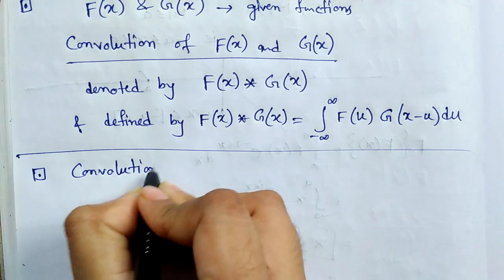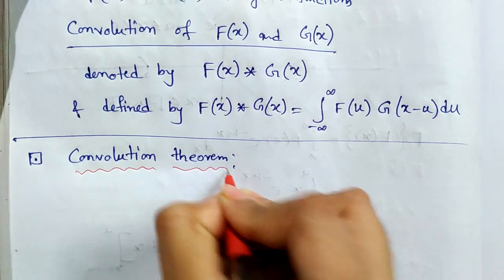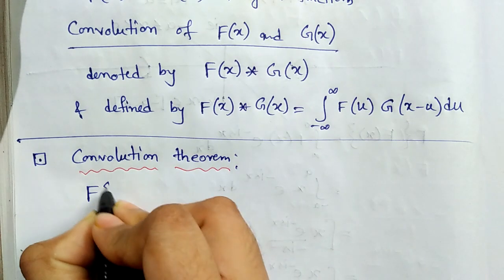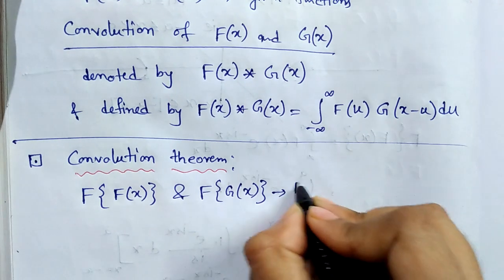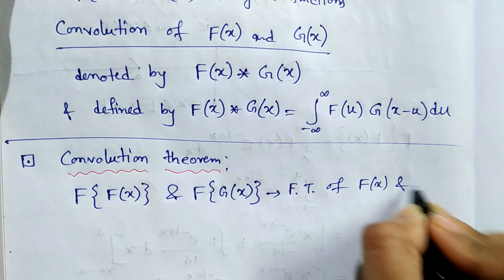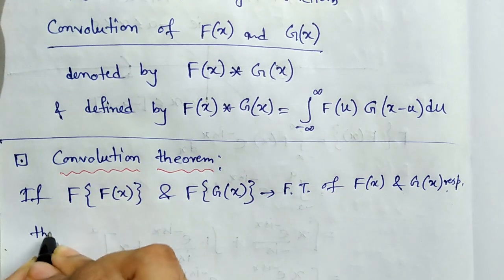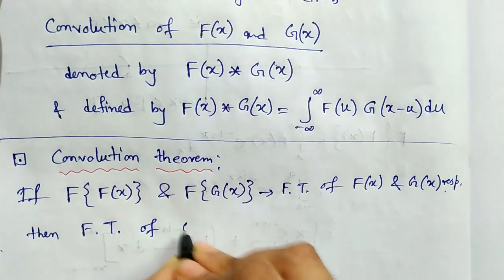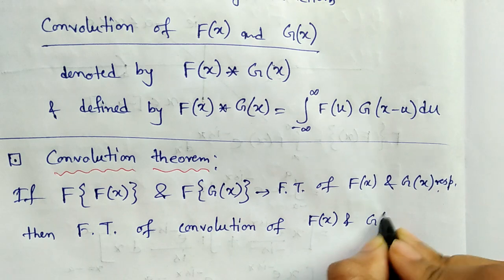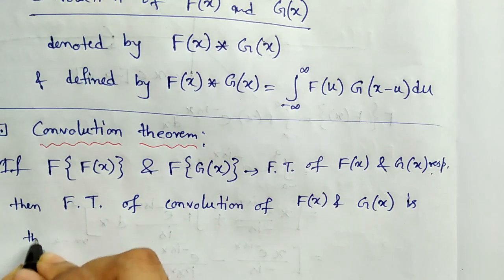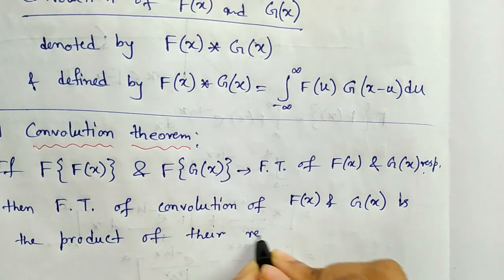The convolution theorem states that if F of f(x) and F of g(x) are the Fourier transforms of f(x) and g(x) respectively, then the Fourier transform of the convolution of two functions f(x) and g(x) is the product of their respective Fourier transforms.